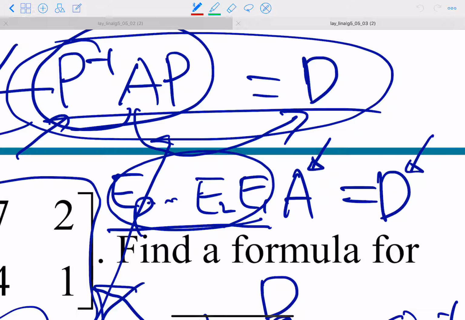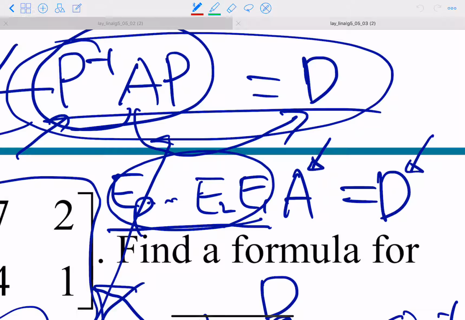Given a square matrix A, we multiply some invertible matrix P on the right and then its inverse on the left, and if we can change this matrix A into a diagonal matrix D, then we call it a diagonalization, right?